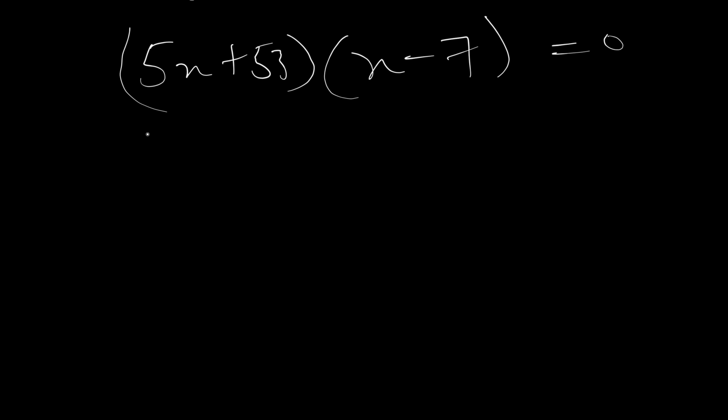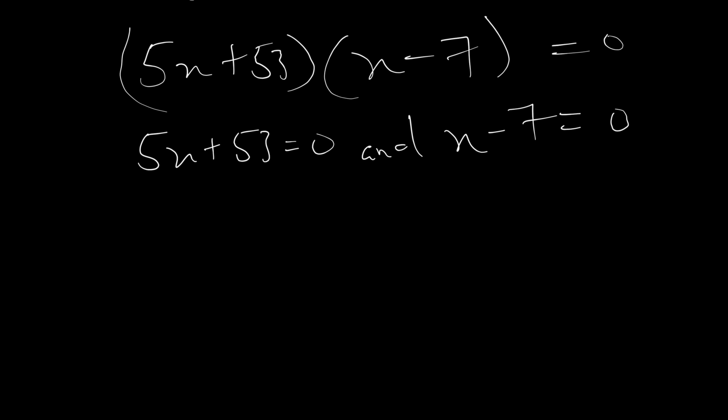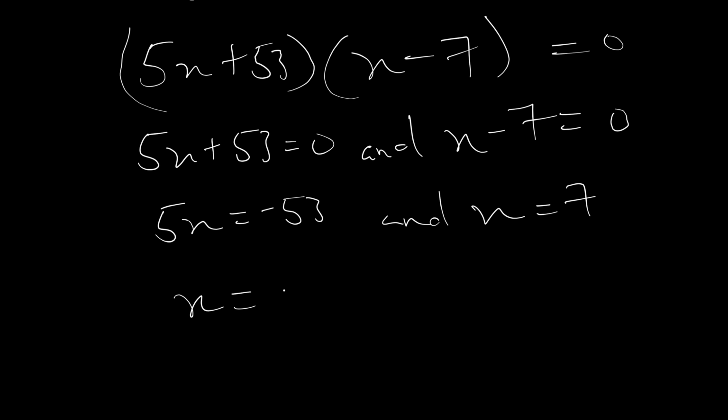Now this is the same as 5x plus 53 is equal to 0 and x minus 7 is equal to 0. So from here we have 5x is equal to minus 53 and x is equal to 7. Now when we make x the subject, we have x is equal to negative 53 over 5 and x is equal to 7.